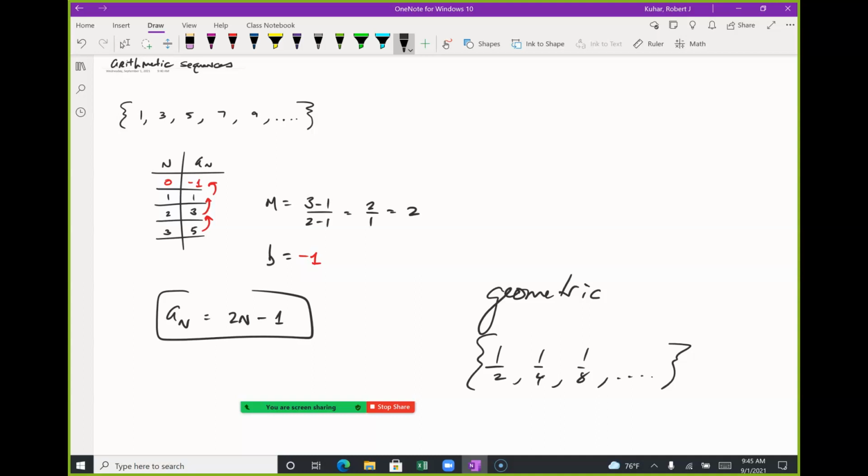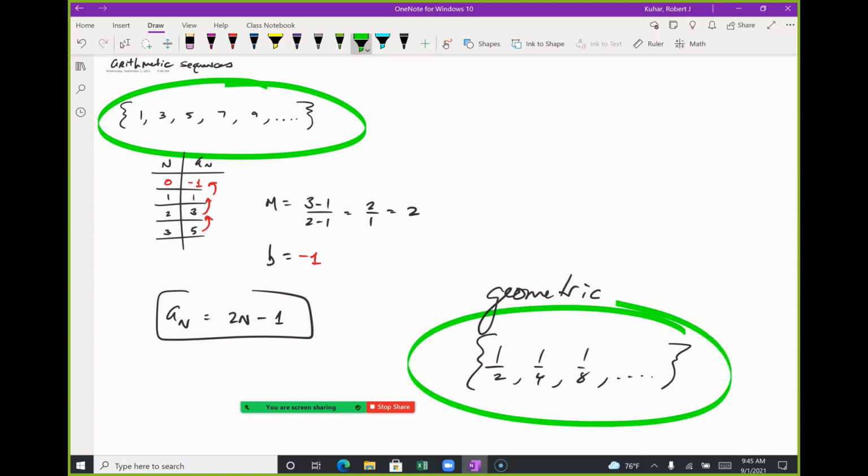So in my sequence here, I'm adding 2 to get the next term. And over here, I'm multiplying by 1/2 to get the next term. So arithmetic and geometric, right? And they have different properties for us when we're in the calculus. We'll be doing different things with different sequences.